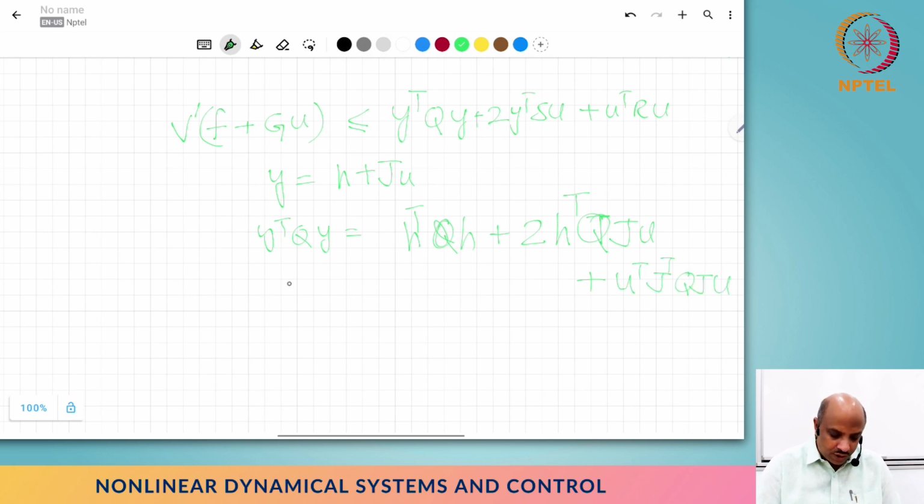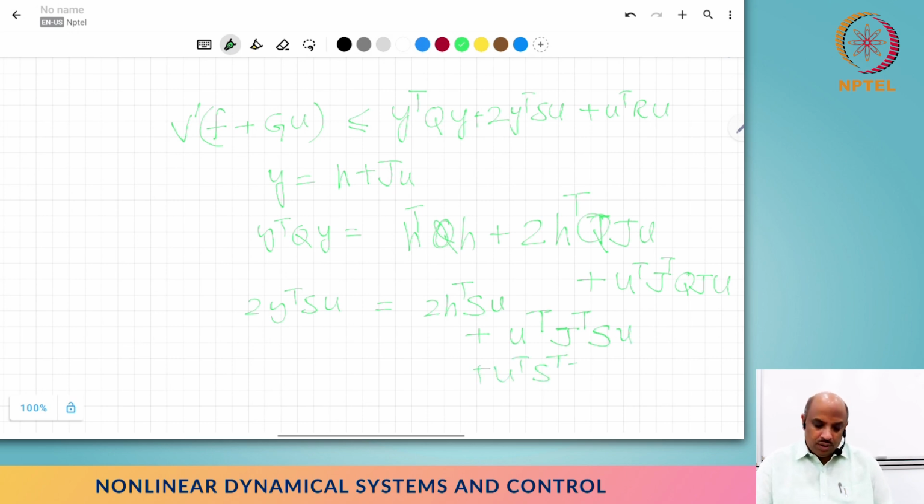And then 2y transpose Su is going to be simply 2h transpose Su plus 2u transpose j transpose Su plus u transpose S transpose ju. Yeah, so that's about it.